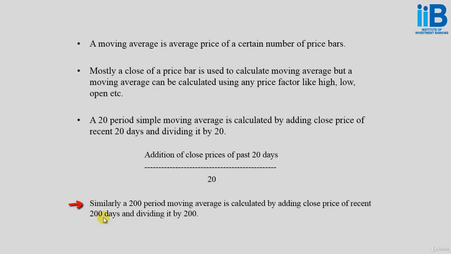Whatever figure comes out, that figure is plotted below the recent bar. Once these figures are plotted over a number of bars, you will see them forming a continuous line. Hence, a moving average looks like a line plotted on a bar chart.